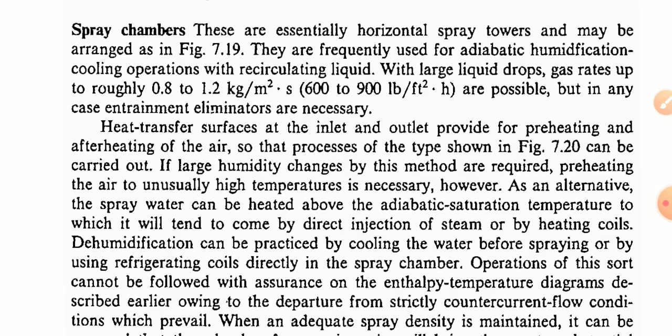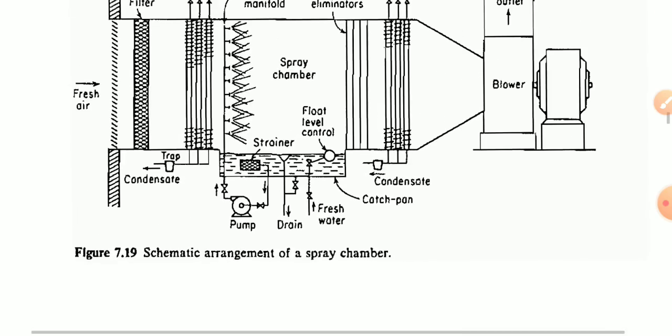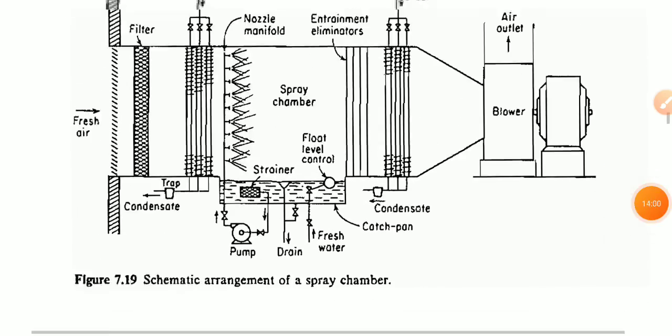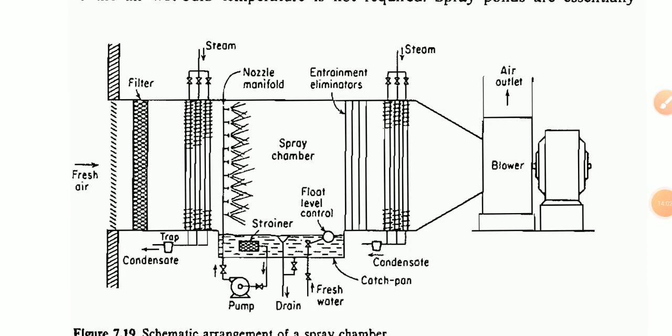Gas rates up to roughly 0.8 to 1.2 kg per meter square per second, and 600 to 900 lb per ft square per hour are possible, but in any case an entrainment eliminator is a necessary part, shown in this figure.